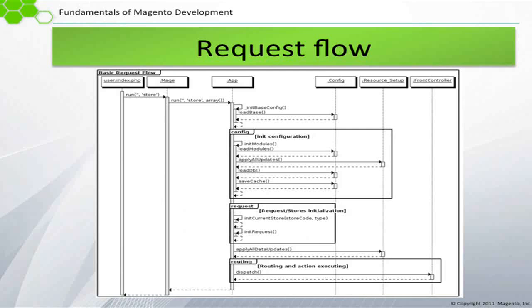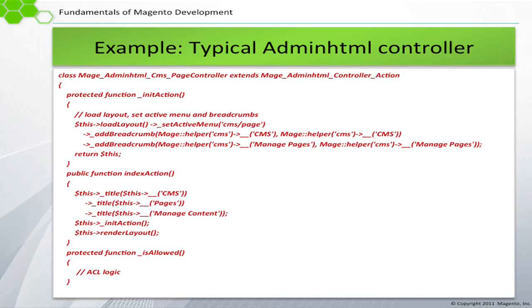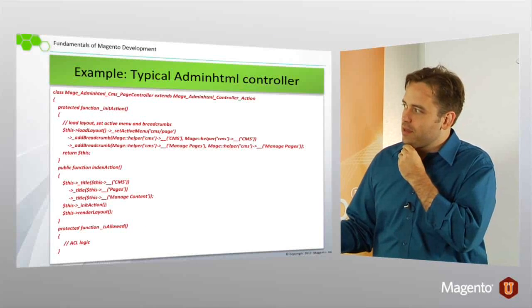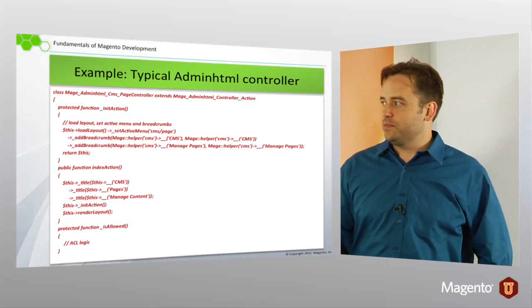Again, this is a reminder, this is what we've all gone through. Okay? So index.php calls Mage run, calls app run, does some configuration stuff, kicks off our request object, and tries to dispatch. We're just showing you an admin HTML controller here. So basically what's happened is we're extending from a particular action class. And in here we have an index action.